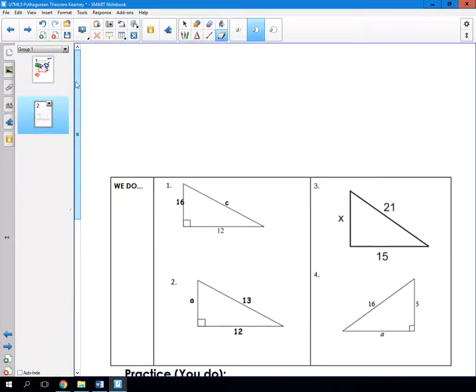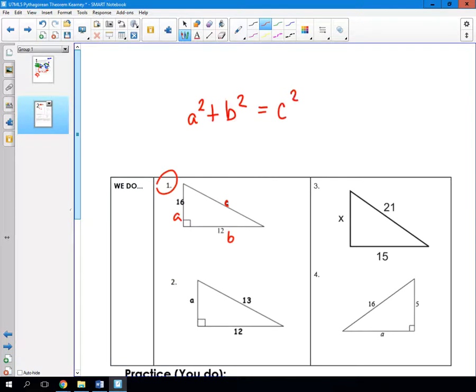So on number one, we've got A, we've got B, and we've got C. I'm going to remind myself that the Pythagorean theorem tells me that A squared plus B squared equals C squared.